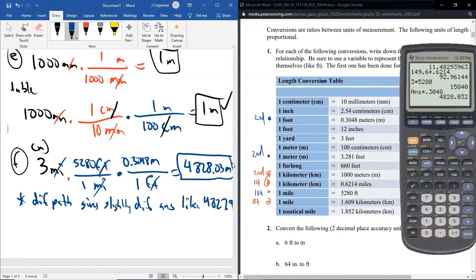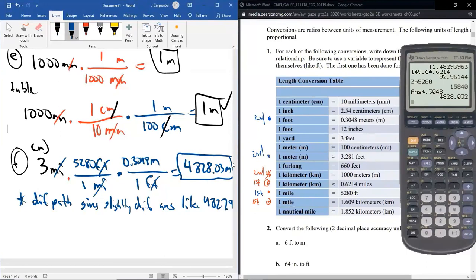So remember how we had an example earlier where the numbers were different in the thousandths because of the different path we chose to take due to these things being rounded? This 0.3048 is rounded. If we'd done the other option in blue, the 3.281 is rounded. So using a different option gives you a slightly different answer, and with bigger numbers, the answer will have a slightly bigger error. So this one's off by a couple of tenths, but it's not the end of the world, or maybe just 1/10 really.